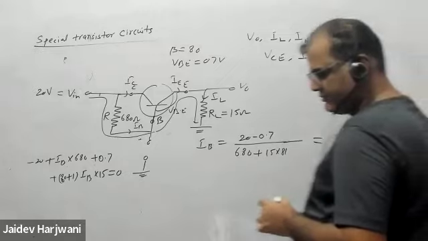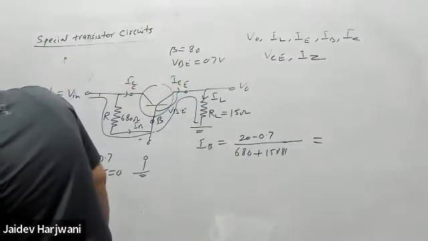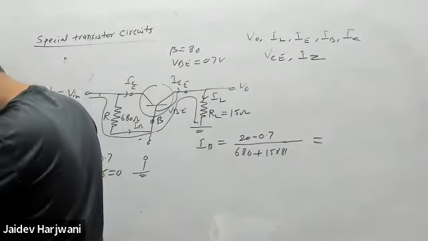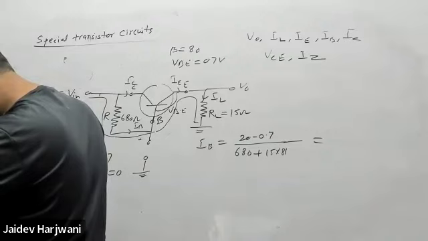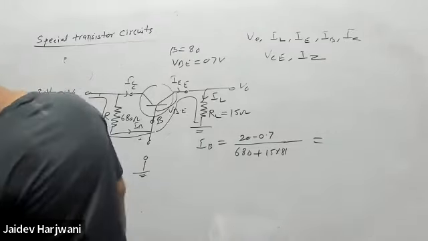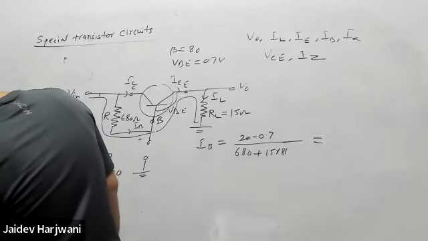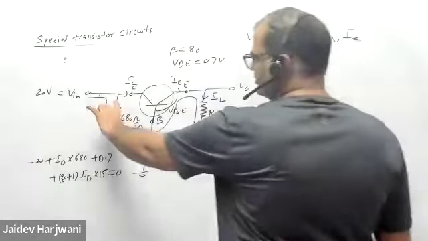Tell me the value. What is the value of IB? And what is the voltage drop across R?